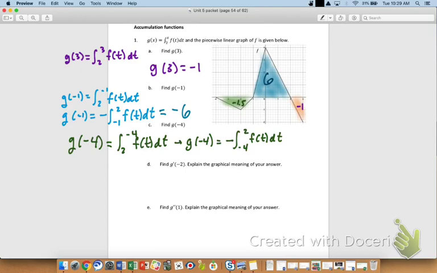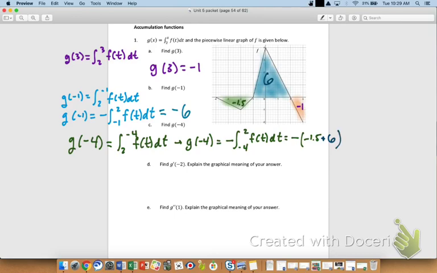So if I'm going to go from negative 4 all the way over to 2, isn't that going to involve two different areas? Okay, so I'm just going to add those up. So this would be the negative from before, the negative that was already there. I'll go parentheses, negative 1.5 plus 6 for the blue area.